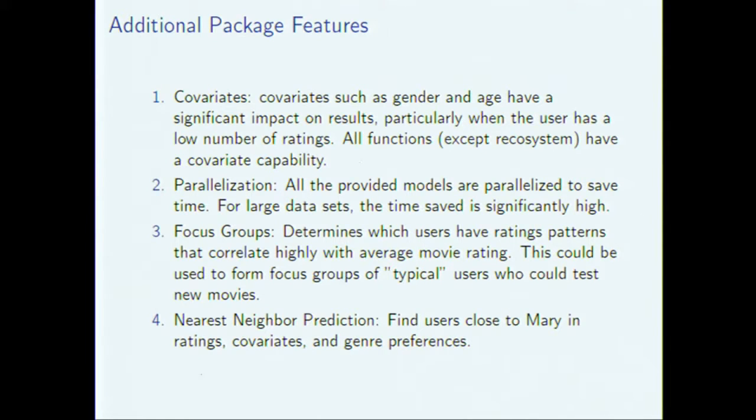How does her age affect her ratings? Her occupation, where she lives? There are so many other factors that go into how one person would rate a movie that adding covariates is key here, especially if we're talking about people who have fewer ratings, because we often found that people who had a lower number of ratings tended to rely more on covariates.